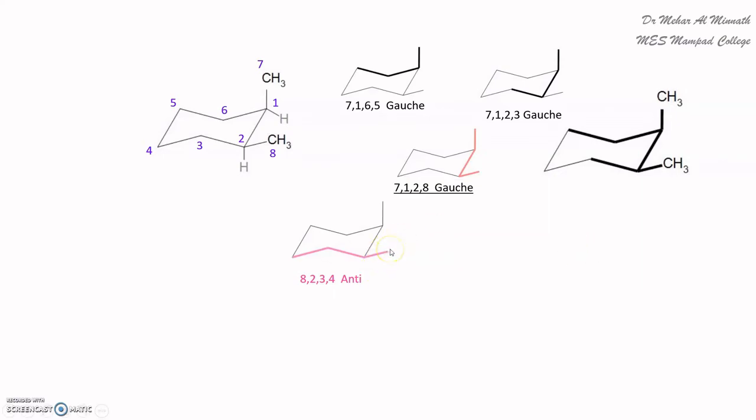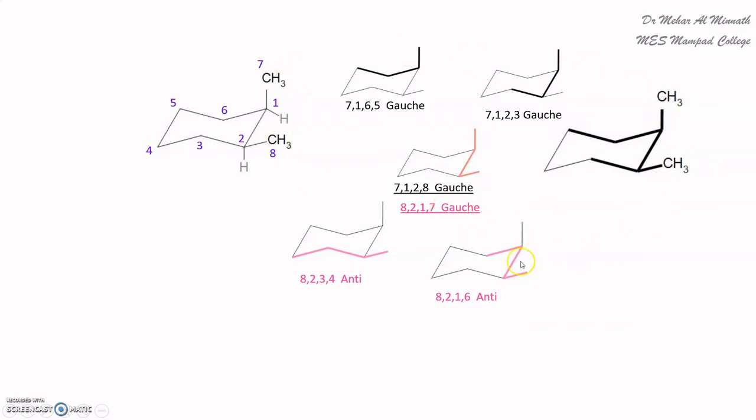So here you have 8, 2, 3, 4, that is an anti-butane unit, and then we can even have 8, 2, 1, 6, that will also be anti, and we can have 8, 2, 1, 7, which is similar to the one which we had considered for 7. That's a common butane unit. So this will be gauche.